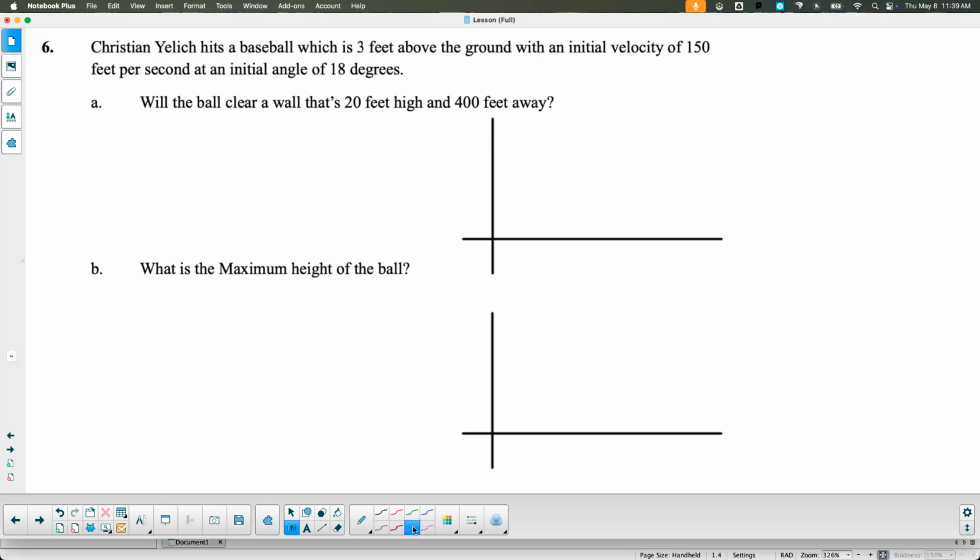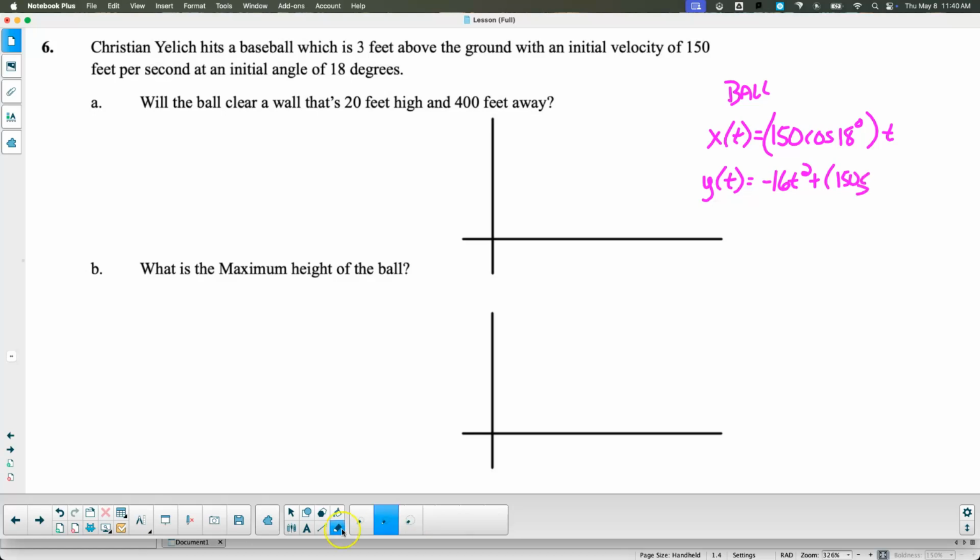All right, so we got the ball. That's going to be x of t is going to be... Wait, it didn't change.